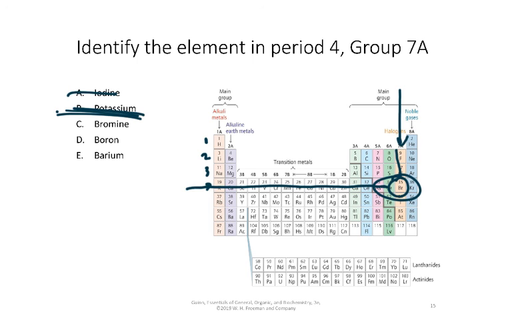Is it bromine, boron, or barium? You might need to look this up on a different table that had the names as well, and you would find it is bromine. So there are a lot of similarities like this in the names. Bromine is Br, boron is just simply B, and barium is Ba. They are here and here.